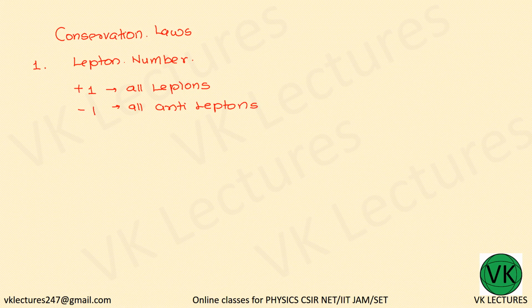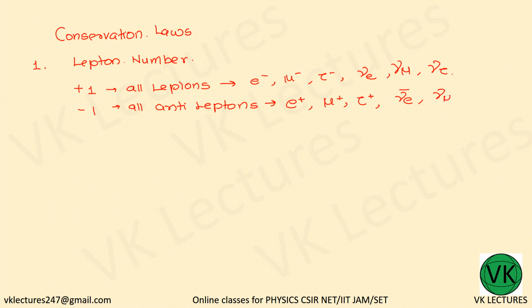Now what are these leptons? Leptons are electron, muon, tau, and its neutrino, electron neutrino, muon neutrino, and tau neutrino. And what are these antileptons? Antileptons are its antiparticle, positron, muon plus, tau plus, nu e bar, nu mu bar, and nu tau bar, and 0 for all others.